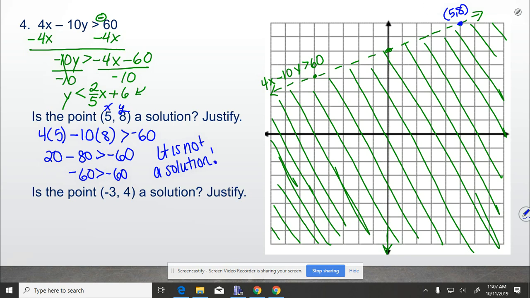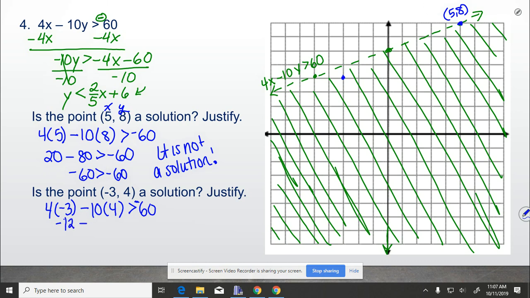And then we have the point negative 3, 4, which is left 3 and up 4, which is this point right here, which looks like it's in the solution set. So let's prove it. We do 4 times negative 3 minus 10 times 4 should be greater than negative 60. I keep forgetting that.